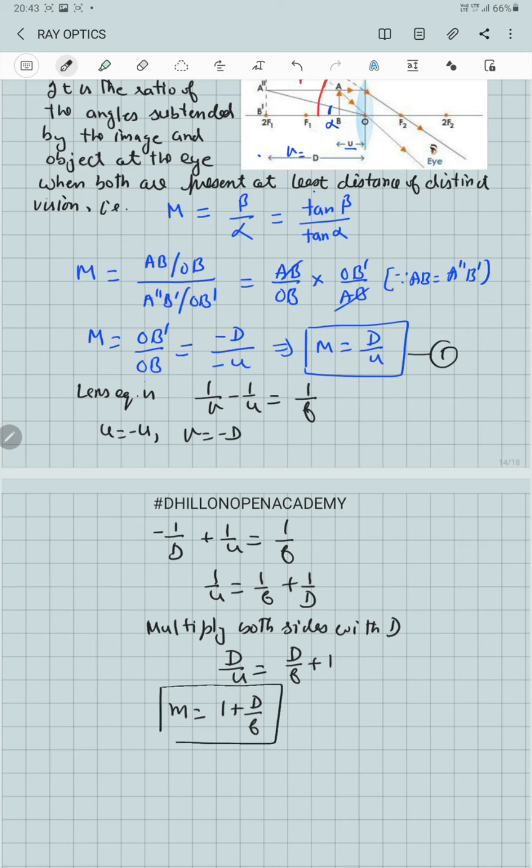This is the formula for the linear magnification. From this we see that the smaller the focal length, the greater will be its magnifying power.